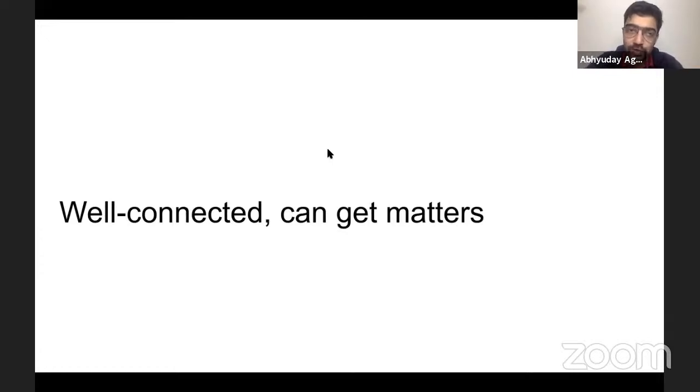That is very shallow level networking. But if I know something I can contribute, then I'll have more confidence. I'll meet people over a period of time. So when the time comes to help out somebody, or when I need to contribute to my senior, I will have some resources and connections to pull. That is what will matter. That is how you get to that well-connected, can-get-matters stage.